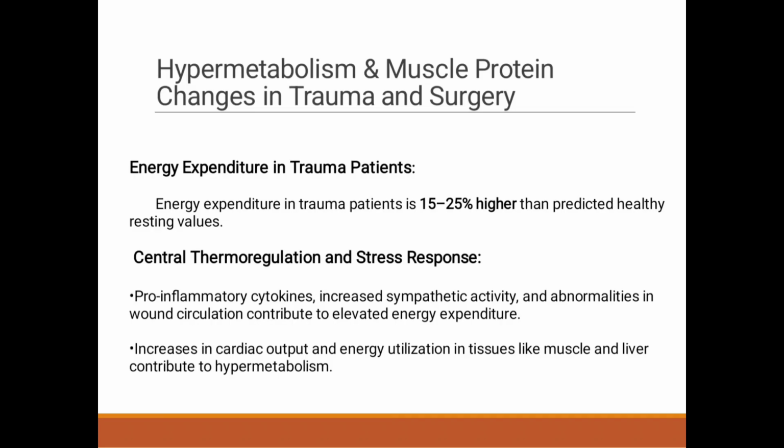Increase in cardiac output, energy utilization, tissues like muscle and liver all contribute to hypermetabolism. This basically underscores the fact that increase in cytokines and increase in sympathetic activity all lead to increased energy expenditure, thereby making us aware that nutrition plays a very important role in recovery of the patient. The only clinically relevant thing which we have to take from this slide is good nutritional status helps the patient to recover faster after a surgery.